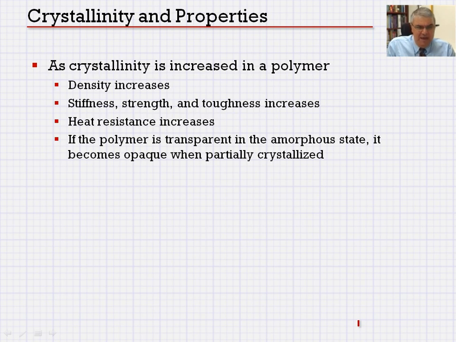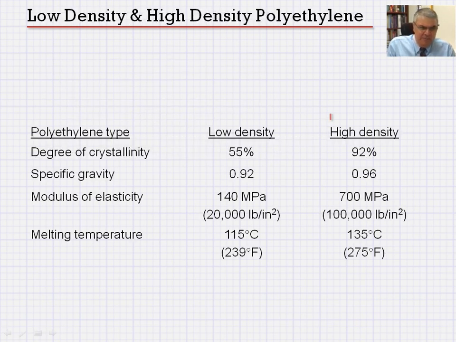So it's not a bad thing to have. Sometimes we want the polymer to crystallize, to increase all these properties that I'm discussing. The heat resistance would increase, and if the polymer is transparent in the amorphous state, then it becomes opaque when partially crystallized. Again, these are some of the properties associated with the crystallization of polymers.